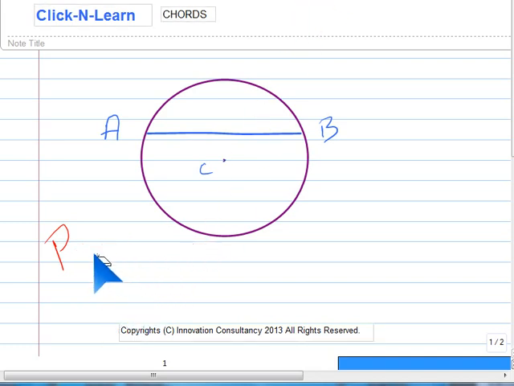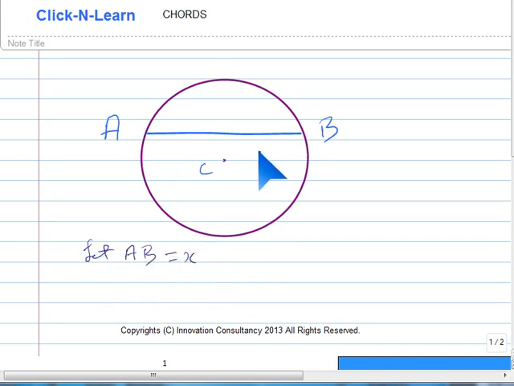Now, let's do it together. Let the measure of the minor arc be x. So we say let AB equal x, the length of AB. The length of the arc AB formed by the chord AB. So x refers to this distance here.